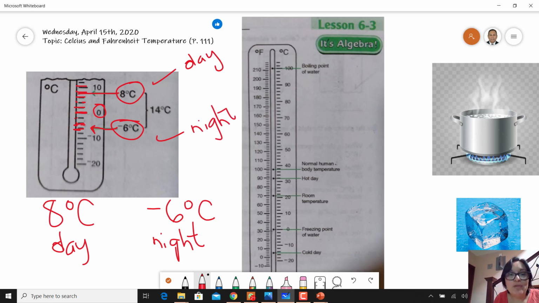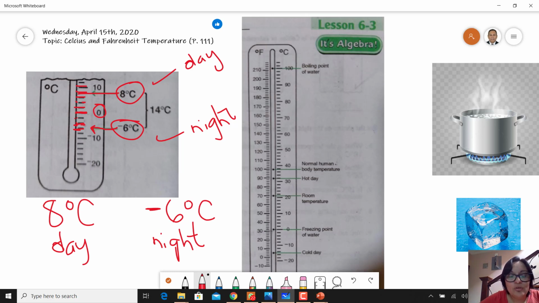So what is the difference between that? Don't tell me it's 2, because it's not. This one is minus 6. It's under 0, okay? It's not 6. So how do we know the difference?